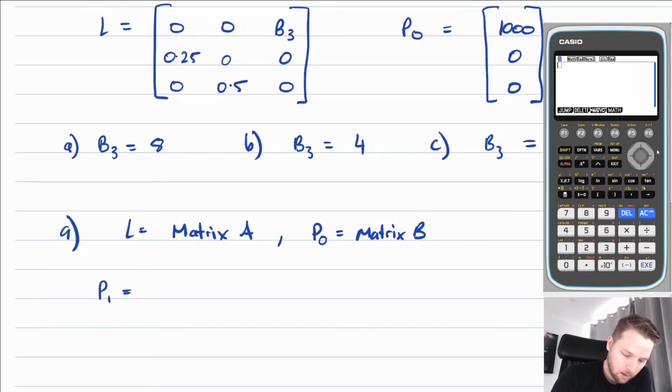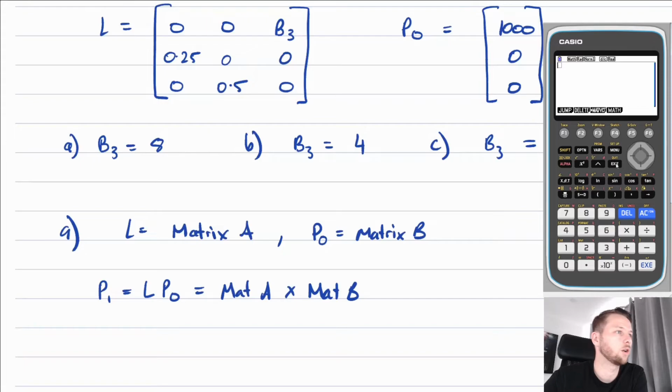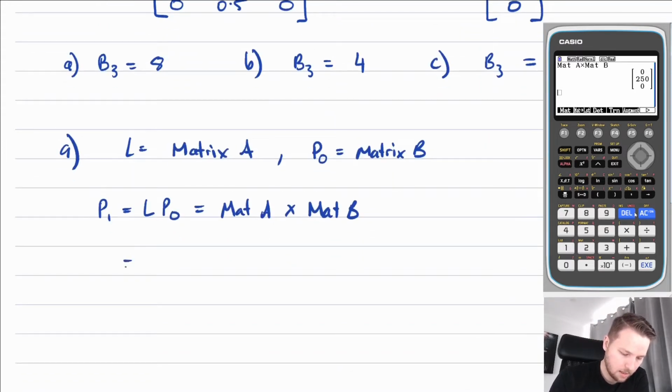So P1 equals L P0, which is going to be Mat A times Mat B. I'm going to do that on the calculator. To get our matrices up, we go to options, matrices, Mat alpha A times Mat alpha B. Press enter. And here is our P1 matrix, which is equal to 0, 250, and 0.